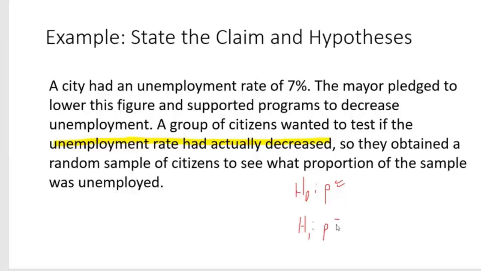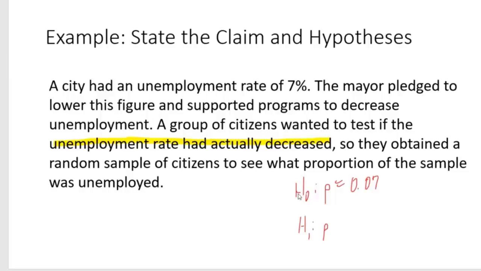And essentially what you're saying, always in your null hypothesis, is that nothing has changed. So our null hypothesis is going to be that we are dealing with 7%. However, I should not have put the equal on this next one because that is not what they're wanting to test. Now, on the alternate, we can have greater than or less than or not equal to.